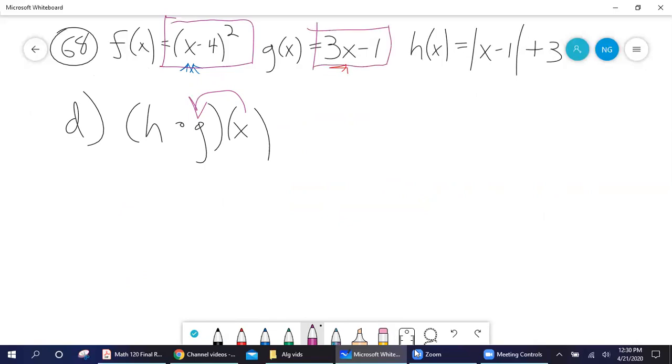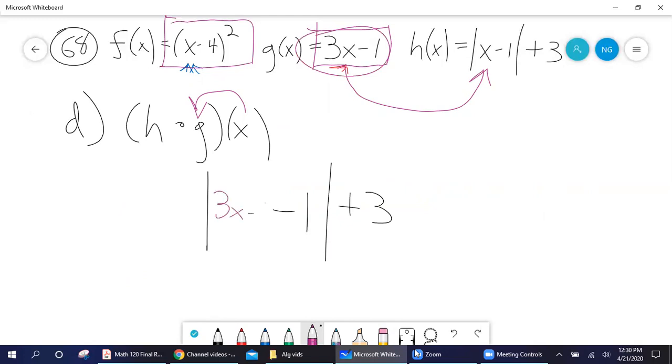But now that entire function is going to get plugged in for x in the h function. So the h function is absolute value something minus 1 plus 3. The something that I'm plugging in is the entire 3x minus 1. And then if I just clean this up a little bit, that would be absolute value 3x minus 2 plus 3.